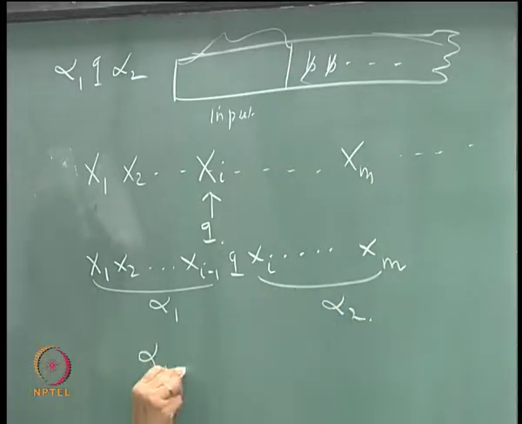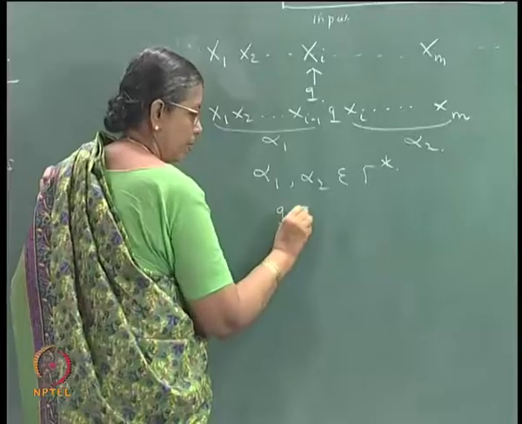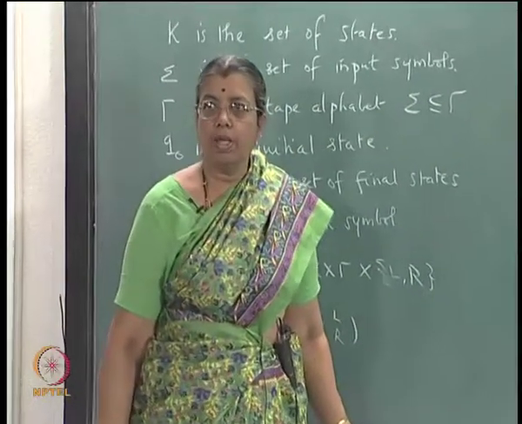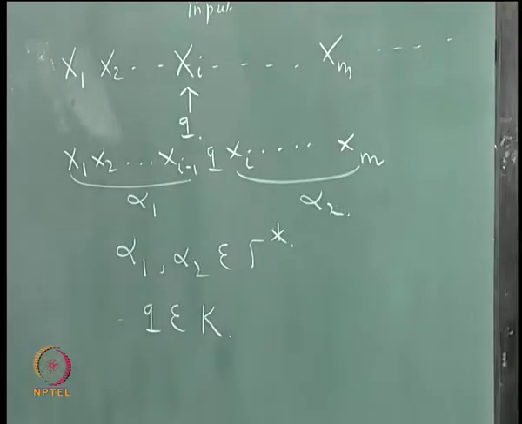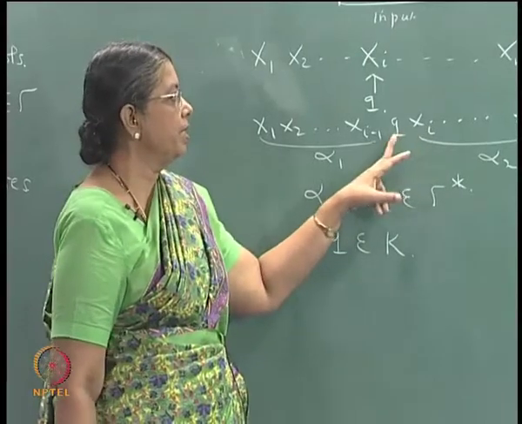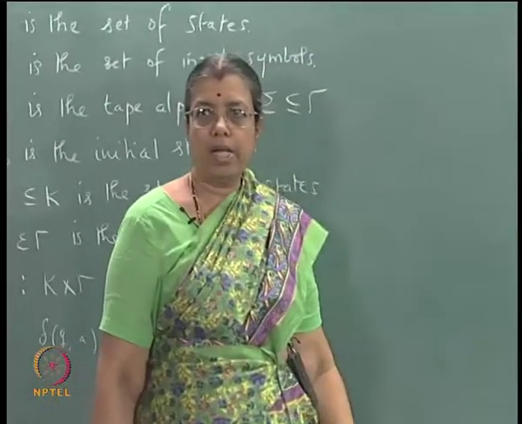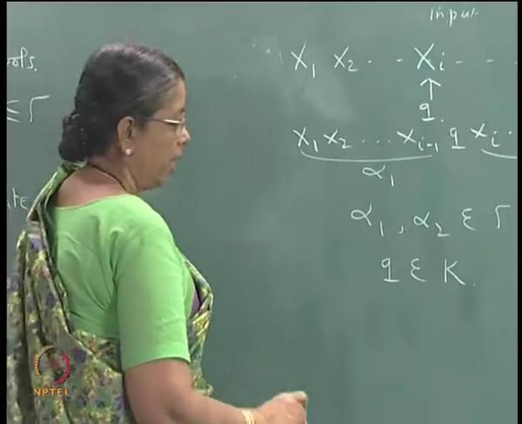So, alpha 1 and alpha 2 belong to gamma star, and q belongs to K. So, the instantaneous description is given by a string which denotes the non-blank portion. The head position is marked here. q xi means the head is pointing to xi and the state is q, right.